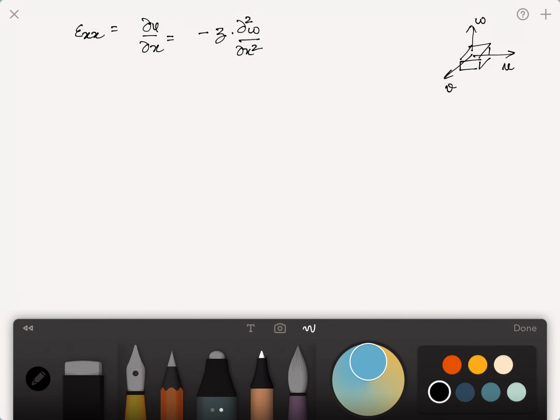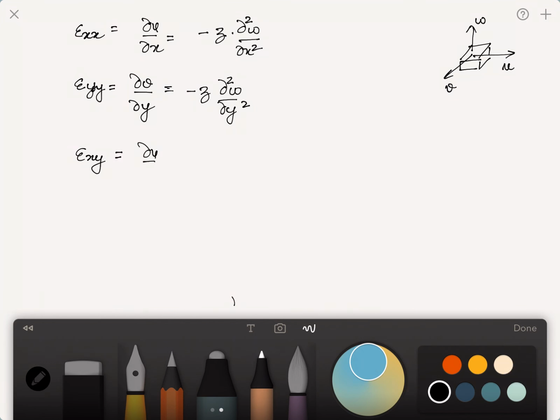Now, you can derive this quite easily or look into a good solid mechanics book to get to this derivation, but this is what you can relate to when you have an out of plane displacement coupled with an in plane displacement.